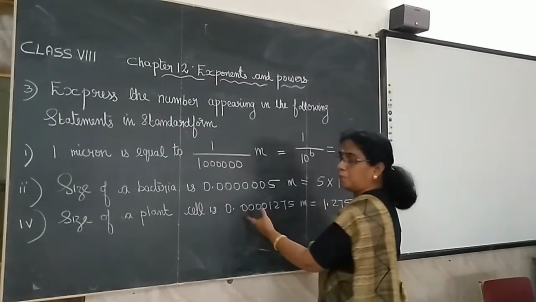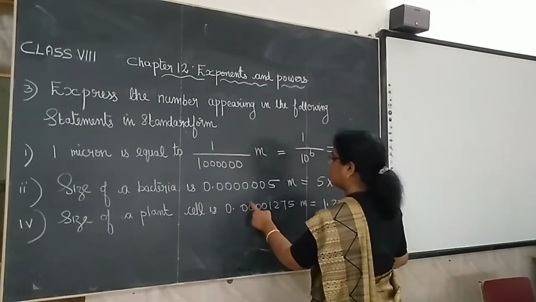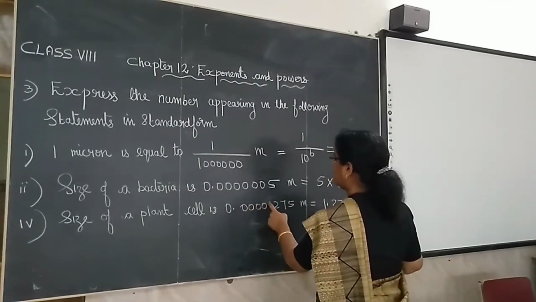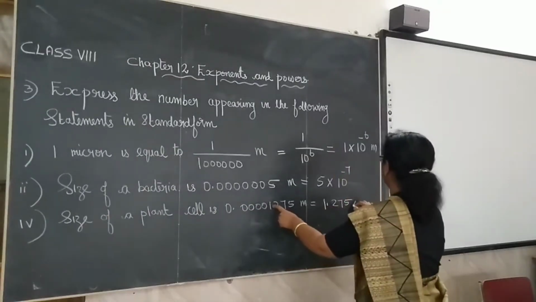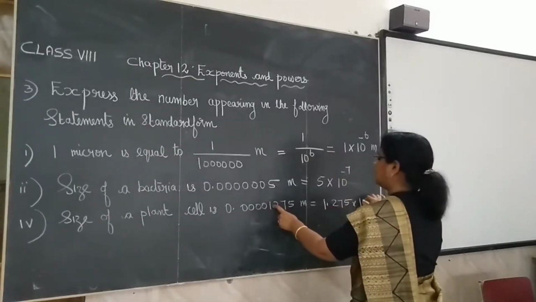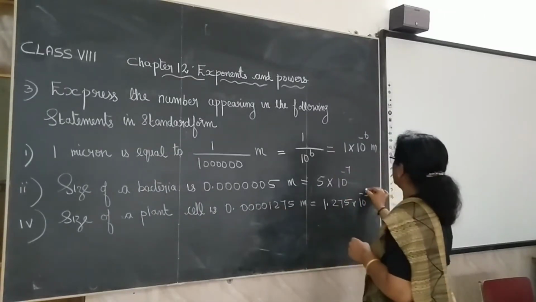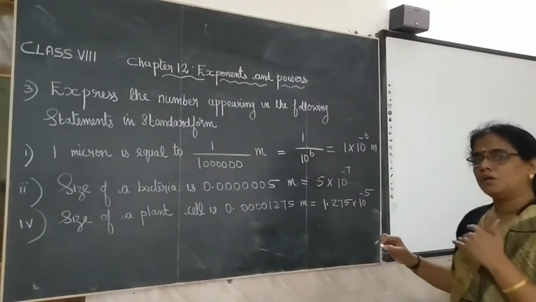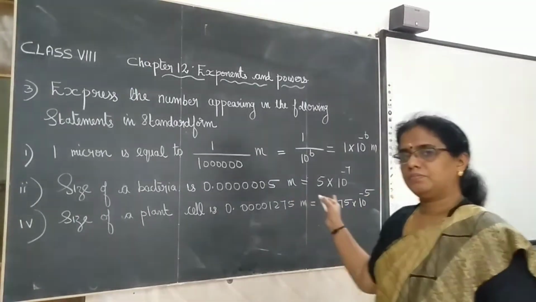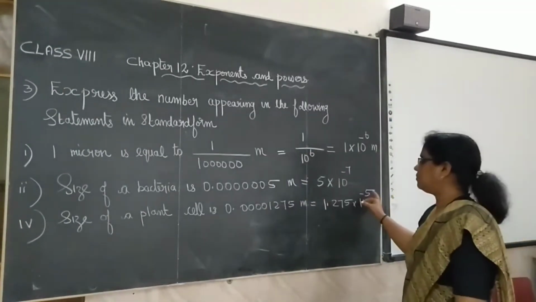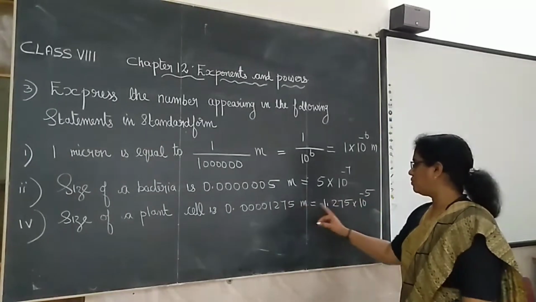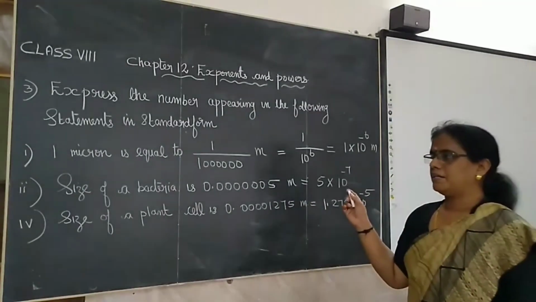Then how many places are we shifting? That is 1, 2, 3, 4, 5. So this becomes 10 raised to minus 5. Since it is shifting to the right side, the power becomes negative. Therefore 1.275 multiplied by 10 raised to minus 5.